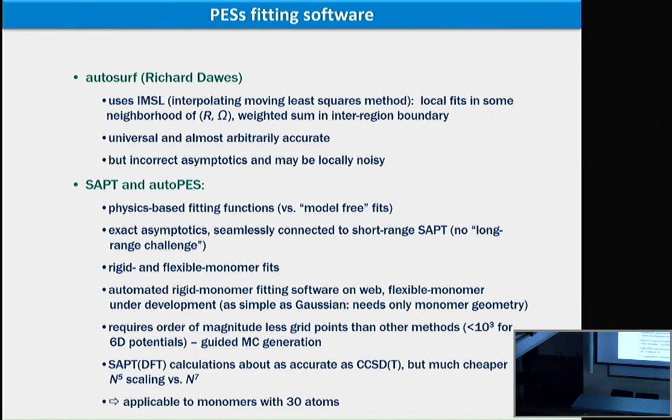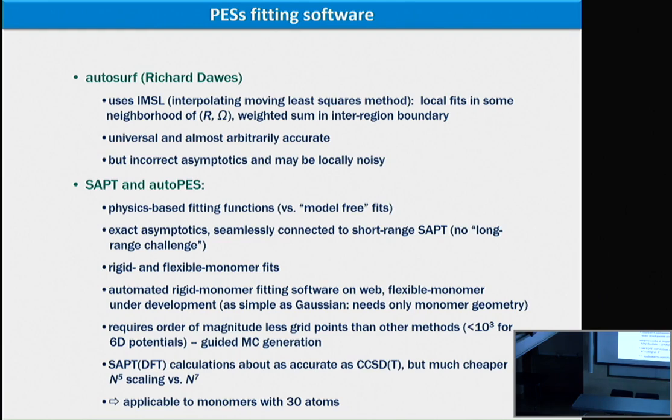So Richard has an algorithm, and this word moving, interpolating moving, is kind of telling what it is doing. It basically works on the fly and gives you some linear combination of those various local fits according to some algorithm. The strength of this method is that it is very universal. You can do anything. It doesn't know if it is a van der Waals dimer or some molecule of any shape.